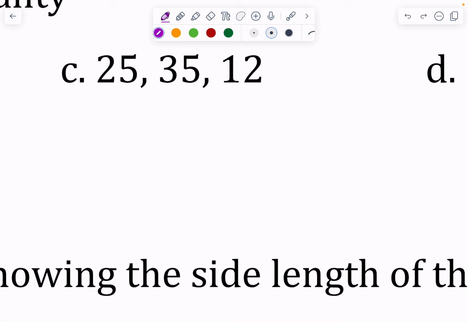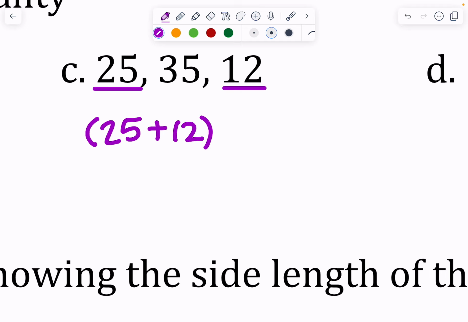Okay, in this one, our two smallest sides are 25 and 12. If I add 25 and 12, what do we get? 37 is bigger than 35, so yes, we have a triangle.